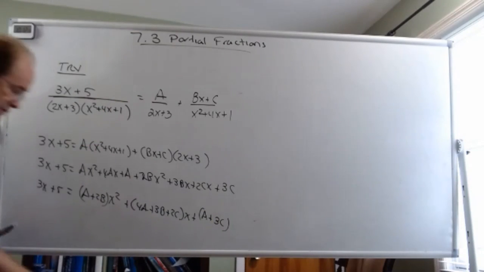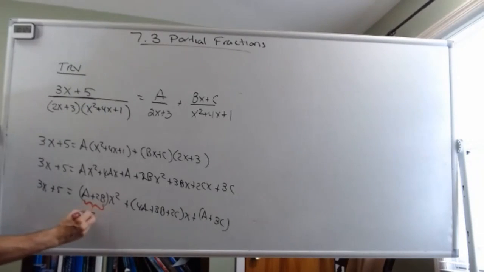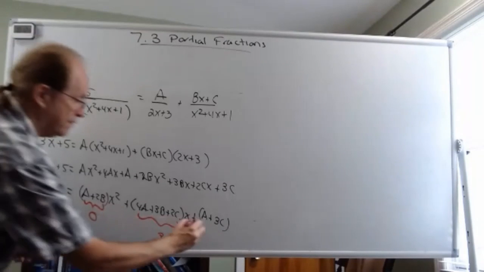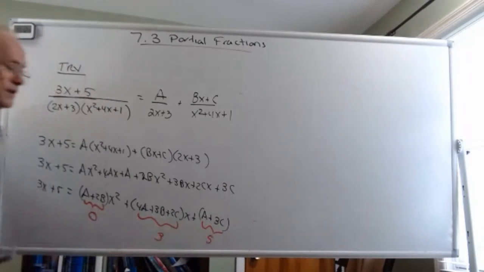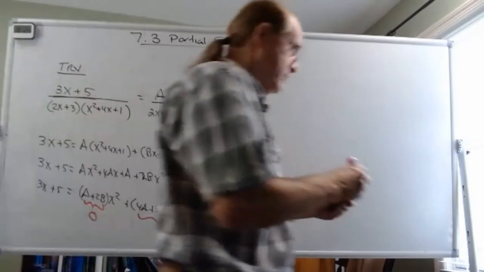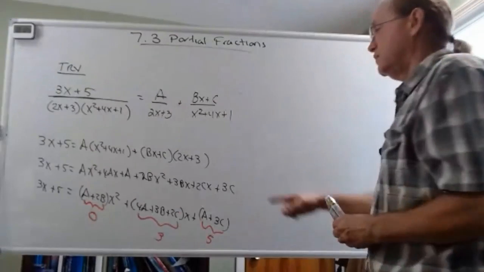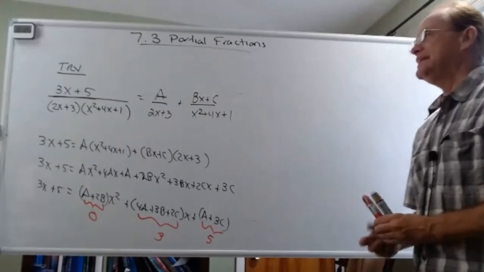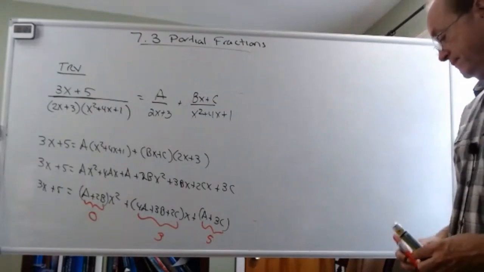And then hopefully you're going to see the equations that come out. There is no x squared. And that's how you solve it. We're not going to go through and solve it, but hopefully you see the process. And then you put in your values for A, B, and C. At least you can see the process.